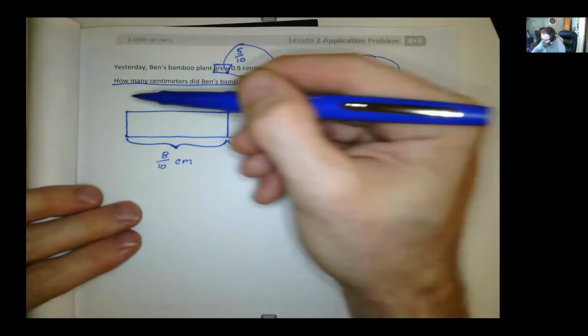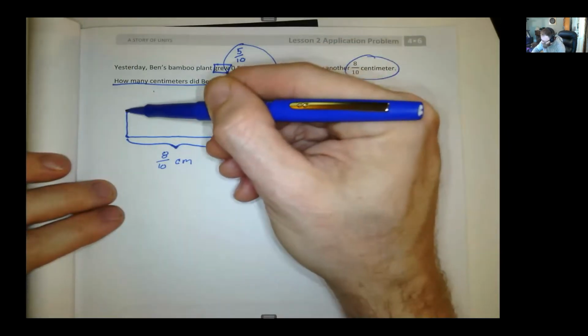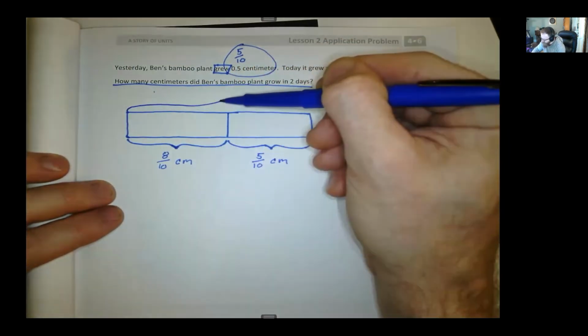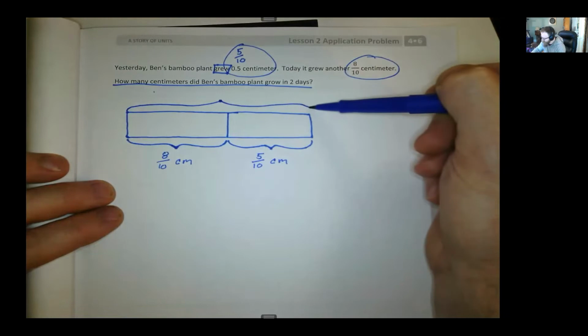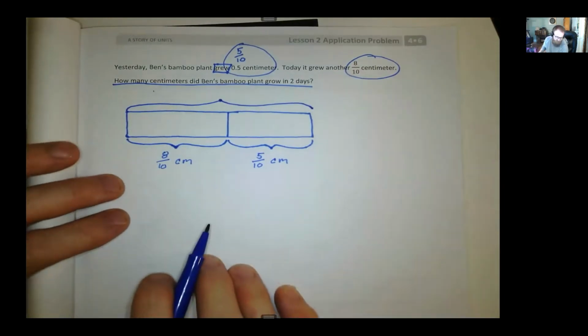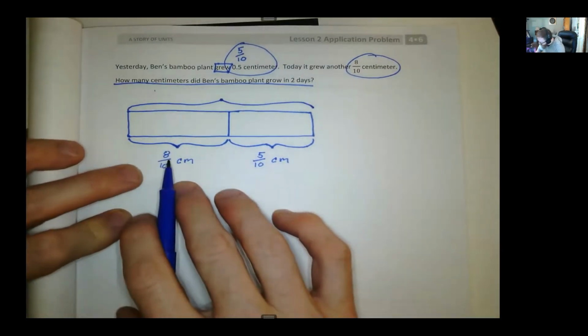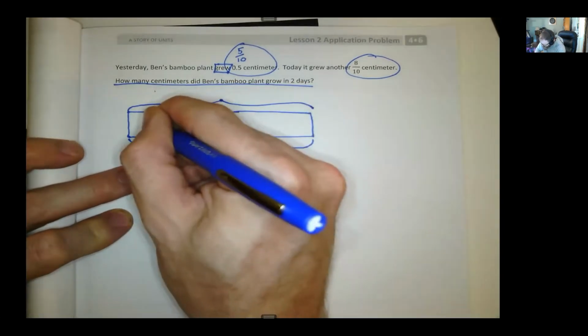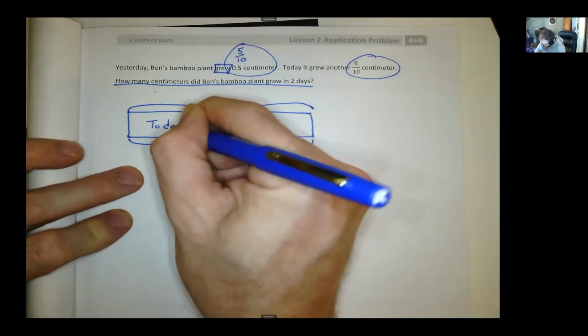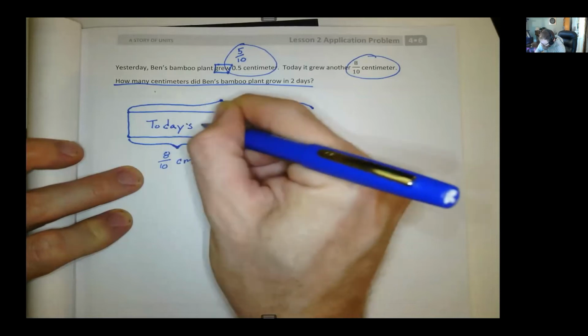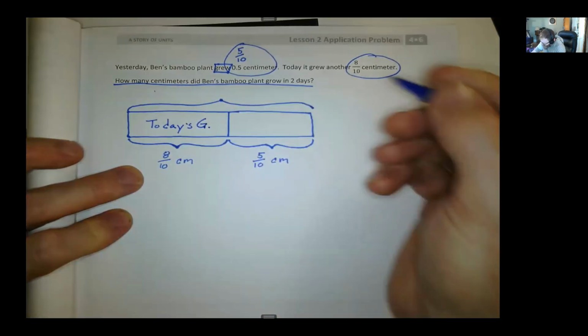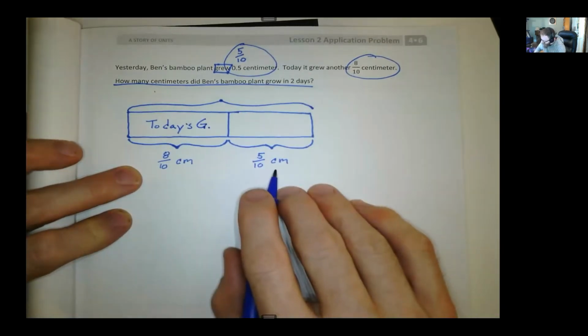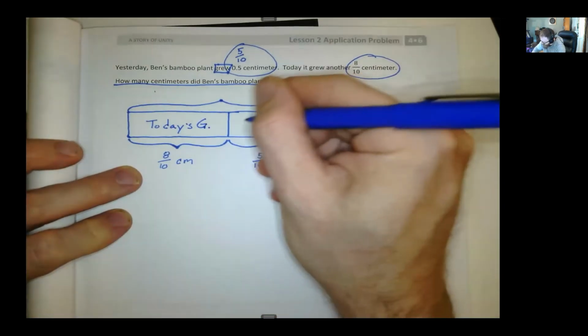We have our unknown value of the amount the plant grew in the 2 days, okay? It grew 8/10 of a centimeter. That's today, right? Today's G for growth. And yesterday it grew 5/10 of a centimeter.